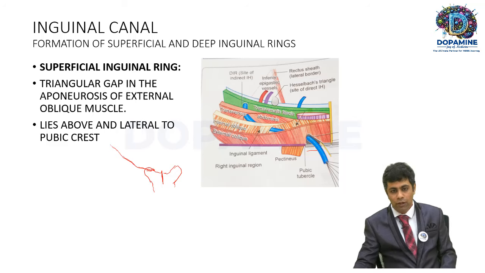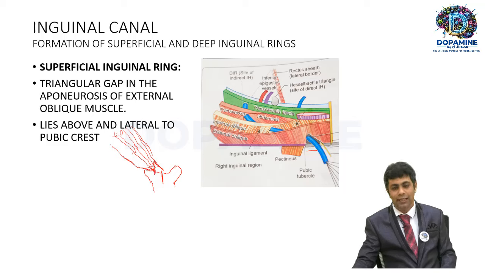We have the muscle called the external oblique muscle. This muscle is directed downwards, forwards and medially, right? So when it inserts to the pubic tubercle in the form of an aponeurosis, it creates a triangular deficit.